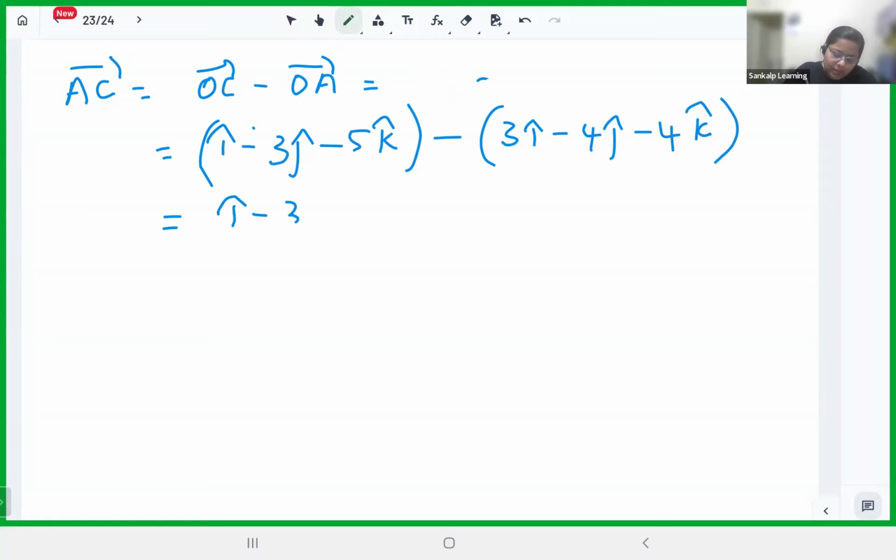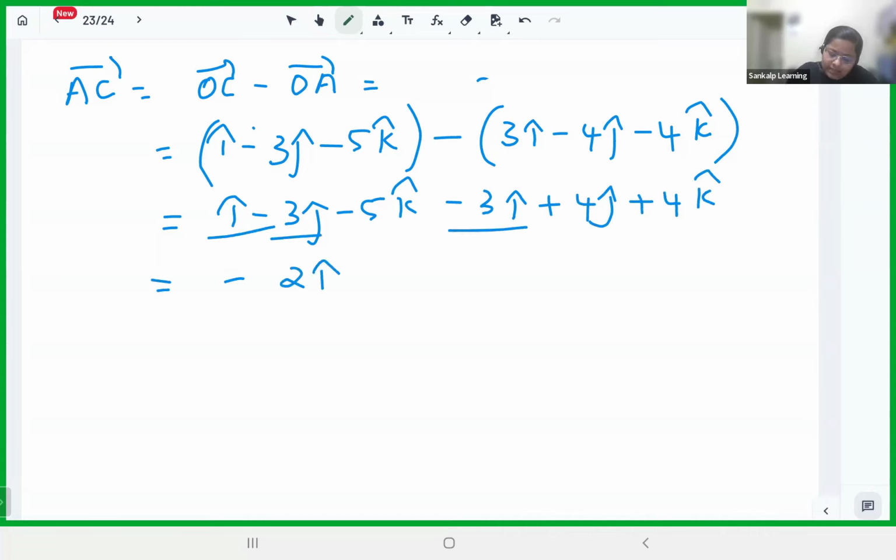So that is equal to i minus 3j minus 5k minus 3i plus 4j plus 4k. Okay, so i minus 3i is minus 2i, minus 3 plus 4 is plus j, minus 5 plus 4 is minus k. So minus 2i plus j minus k is vector AC.